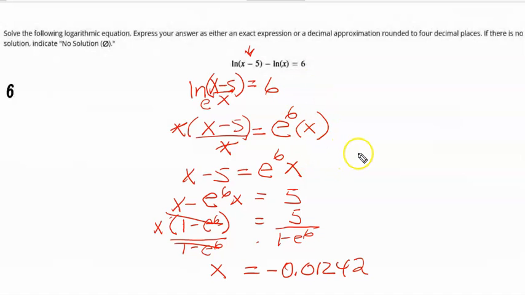So for this one, you're going to have a box for what x is. Then you're also going to have a circle that says no solution. Well, in this case, that is your answer. There is no solution because this doesn't have an answer.